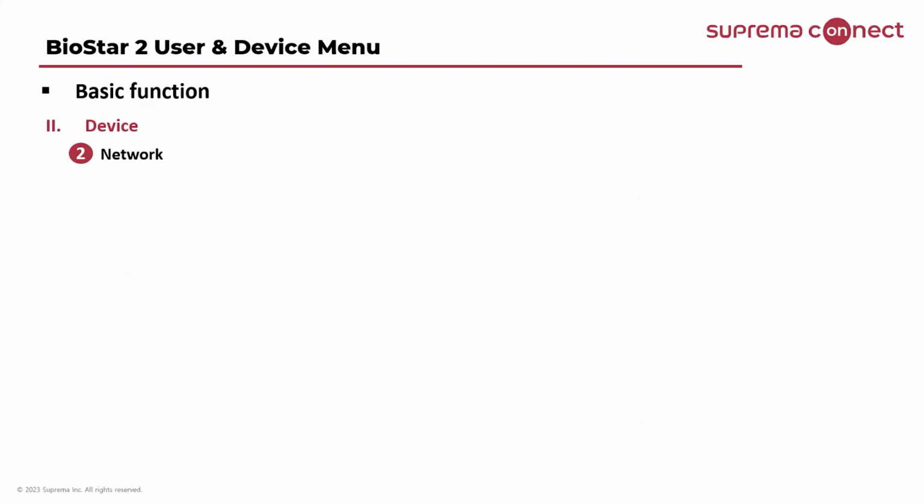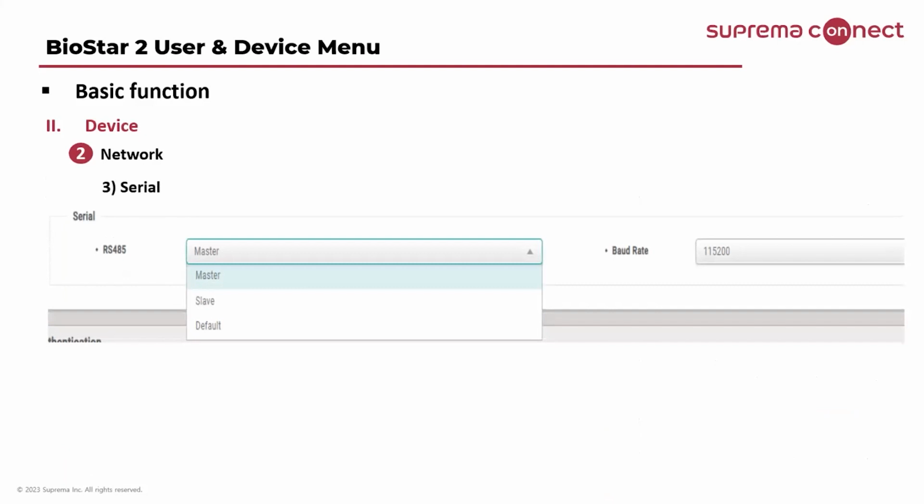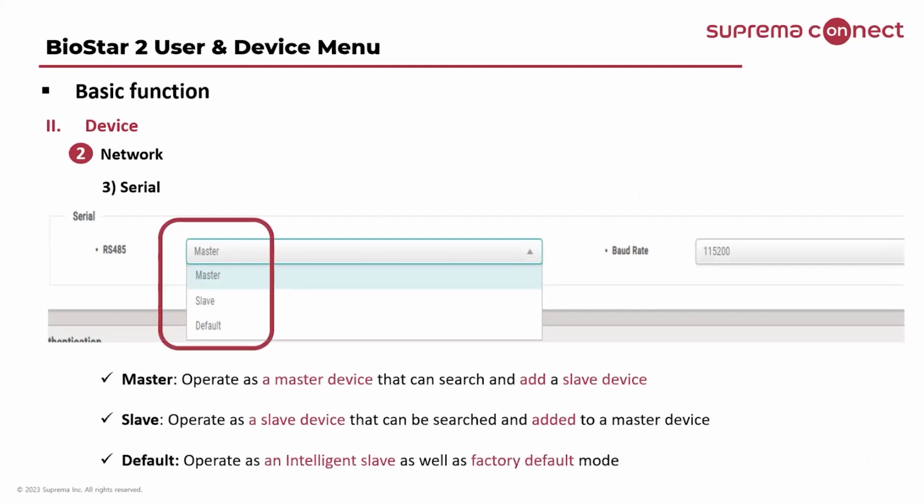So I will continue to explain the serial. There are three types of options in serial, and those are master, slave, and default. If selecting master, the device can search and add a slave device. And if selecting slave, the device can be searched and added to a master device.